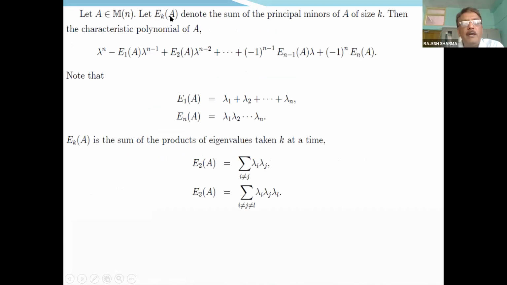Let A belong to Mn. Denote by Ek(A) the sum of the principal minors of size k. The total number of principal minors of size k is n choose k. For k equal to 1, we have principal submatrices of order 1, that is all the diagonal entries.